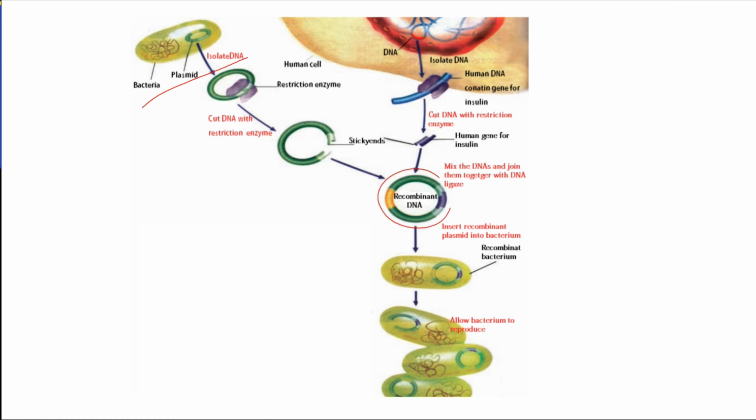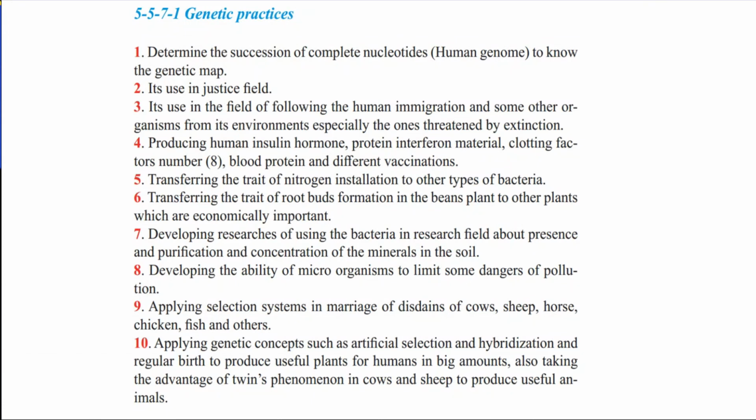So the new genetic material of the bacteria is recombinant. Why recombinant? Because it contains the insulin gene, so through binary fission, asexual reproduction, the bacteria produce a number of bacteria, and they start to produce insulin, a protein or hormone.